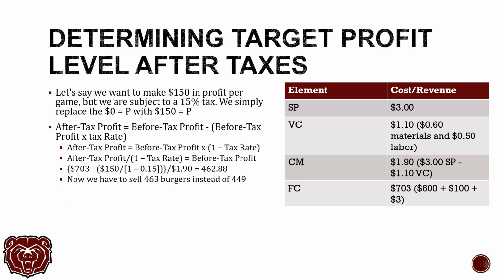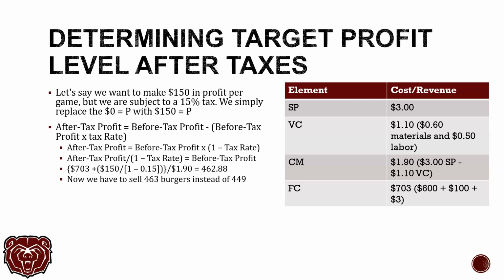So we still replace the $0 profit with $150 profit. And then we use this formula. After-tax profit equals before-tax profit minus before-tax profit times the tax rate. We can rearrange this formula, and once we do, we get after-tax profit divided by 1 minus the tax rate equals before-tax profit.